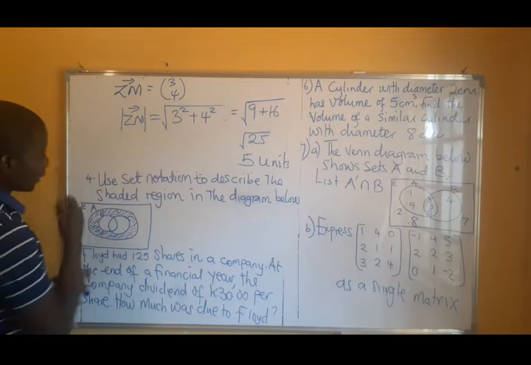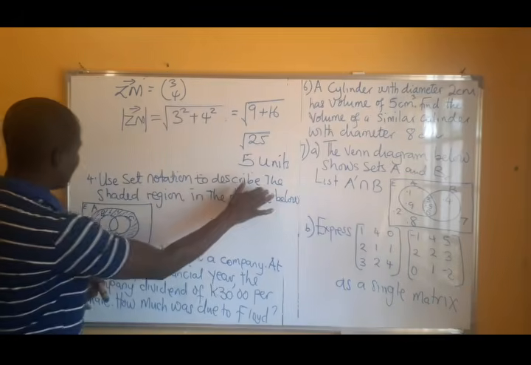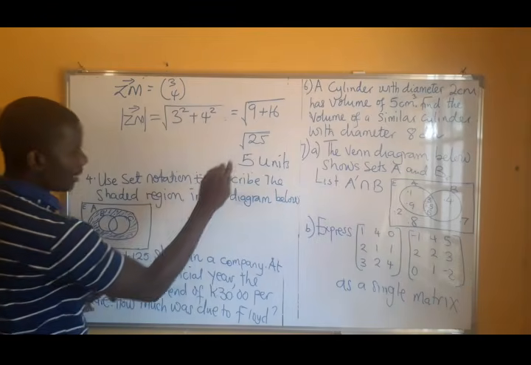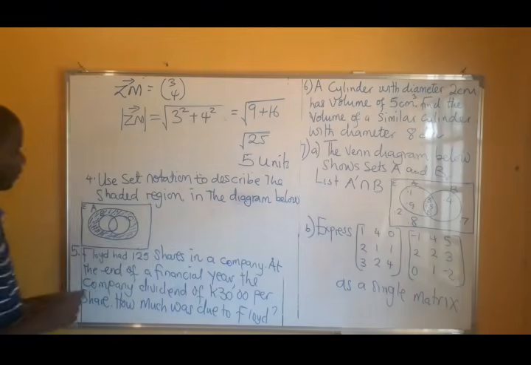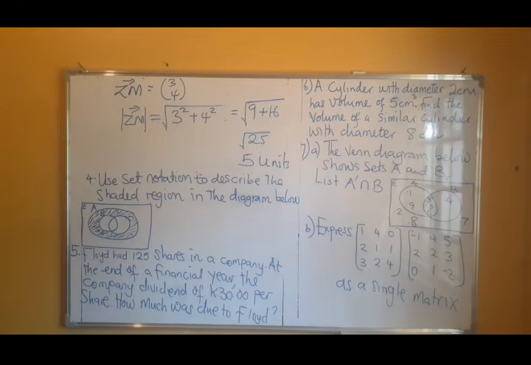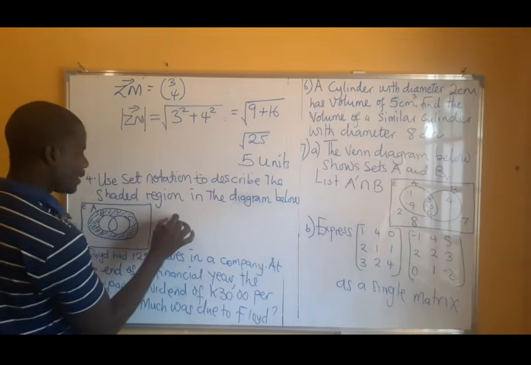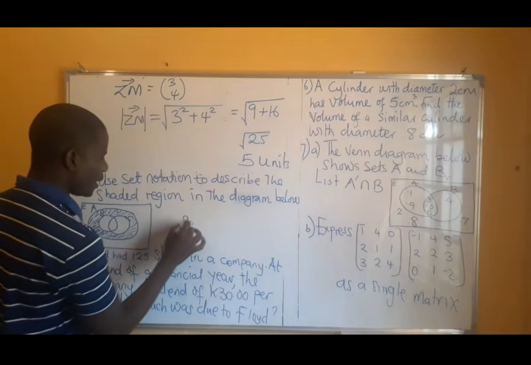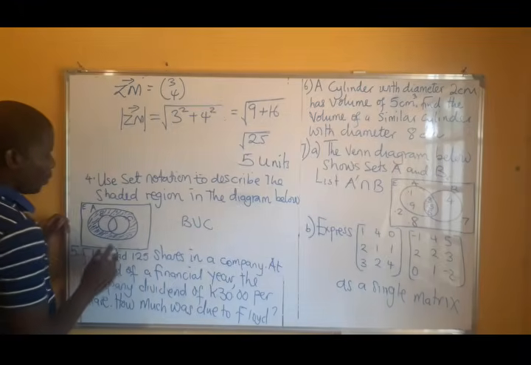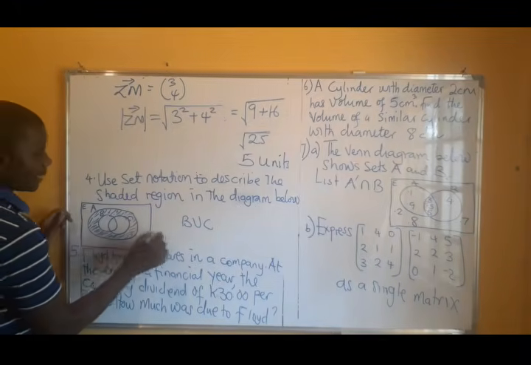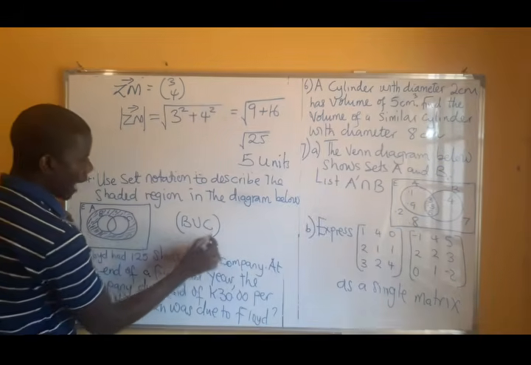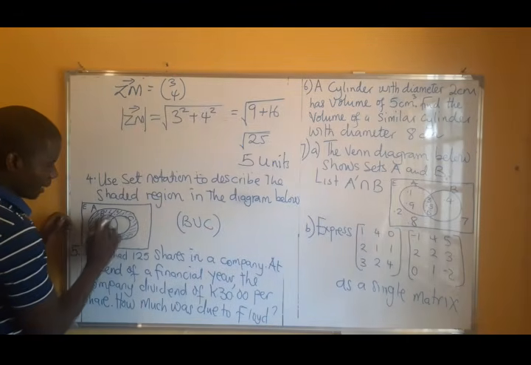Use set notation to describe the shaded region in the diagram below. Now here when you look at B and C, when you look at the union of B and C, these two sets are not shaded.